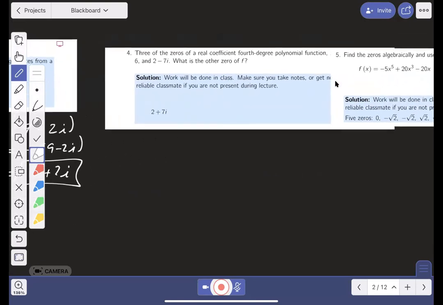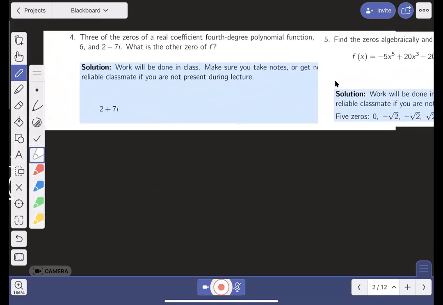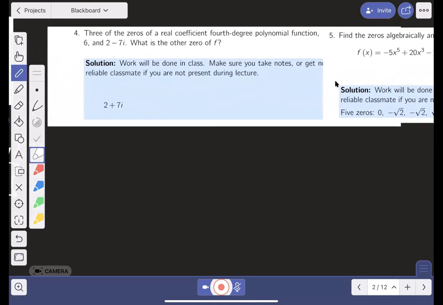All right, so let's take a look at this one over here. Again, it might seem unusual to you, but it really has something to do with what we've discussed. It says 3 of the zeros of a real coefficient 4th degree polynomial. If it's a 4th degree polynomial, there has to be an x⁴ in it somewhere. I may not know what the coefficient is, but there's got to be a 4th degree term in it.